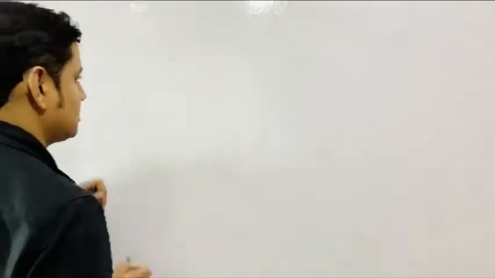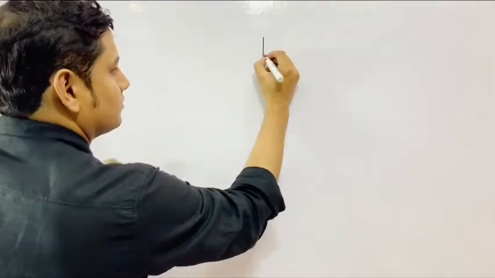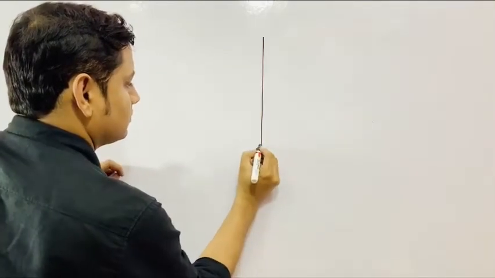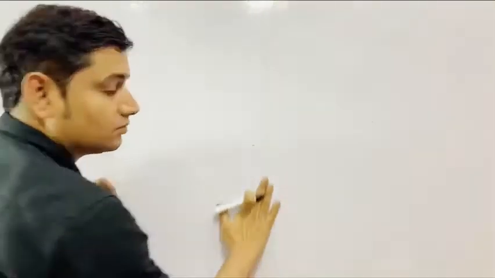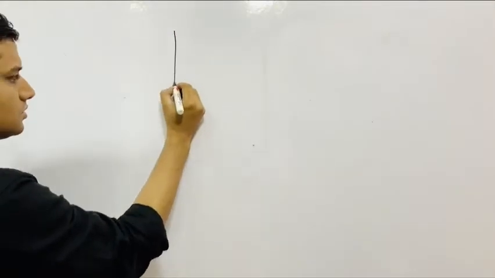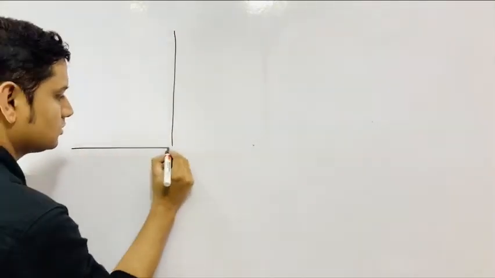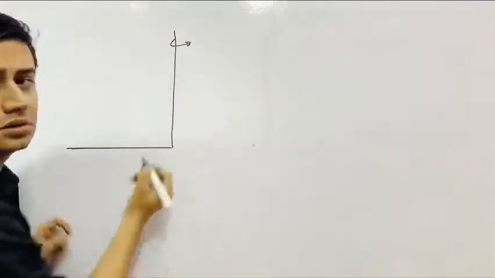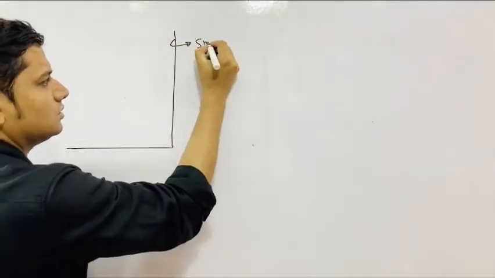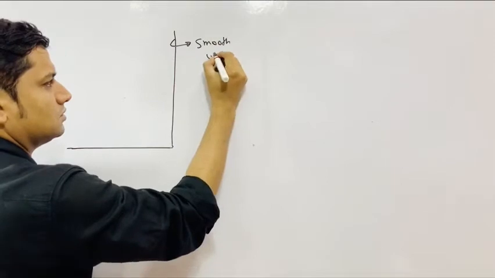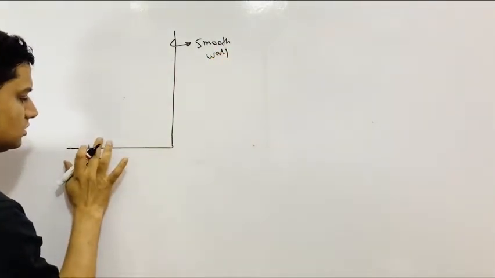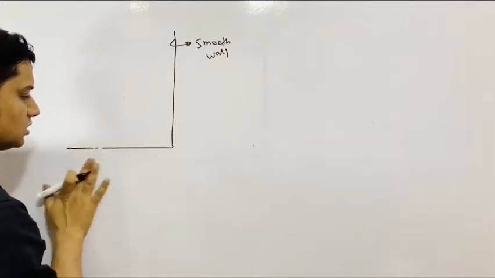Okay, suppose I have a rod. So this is a smooth wall. This is a smooth ground.